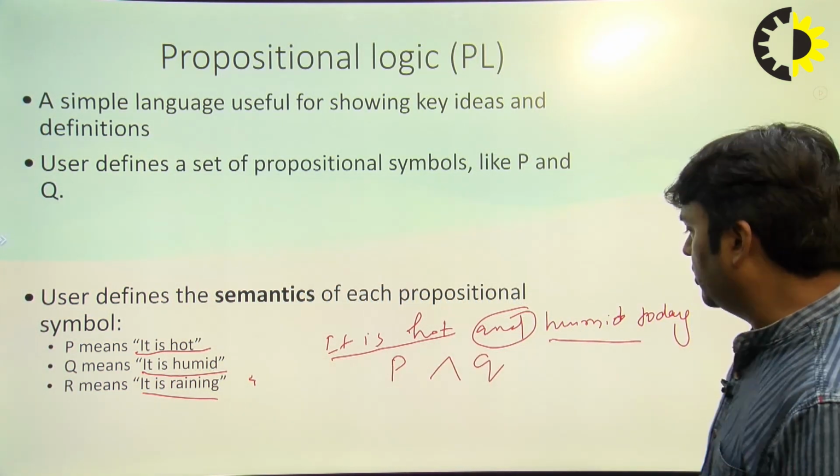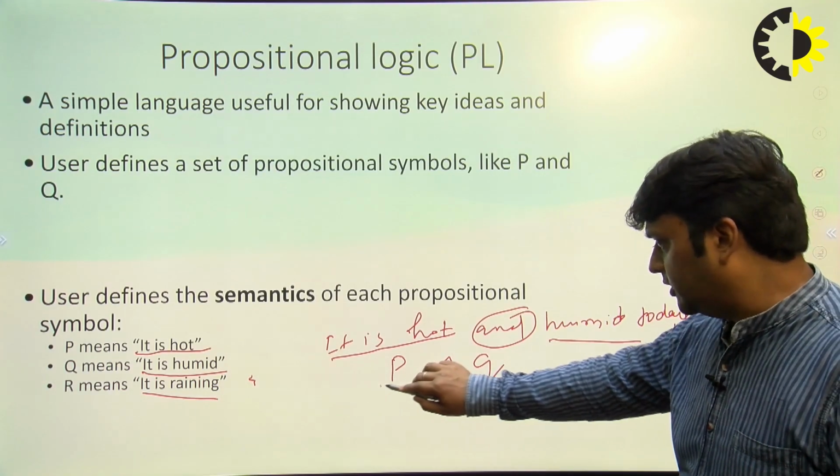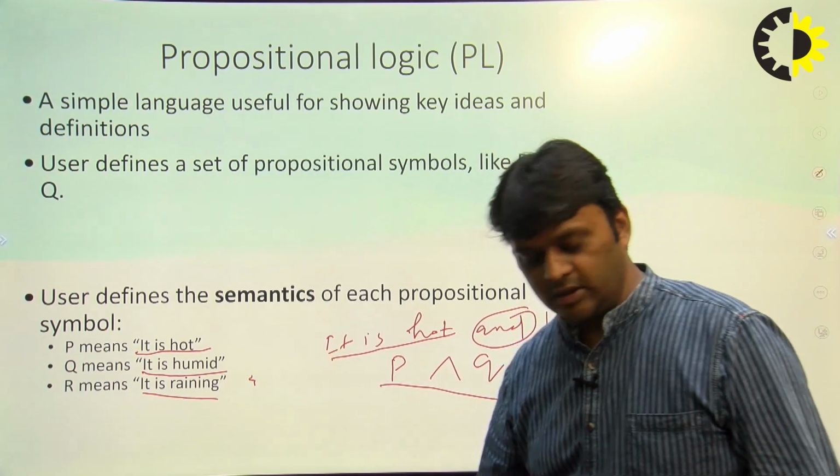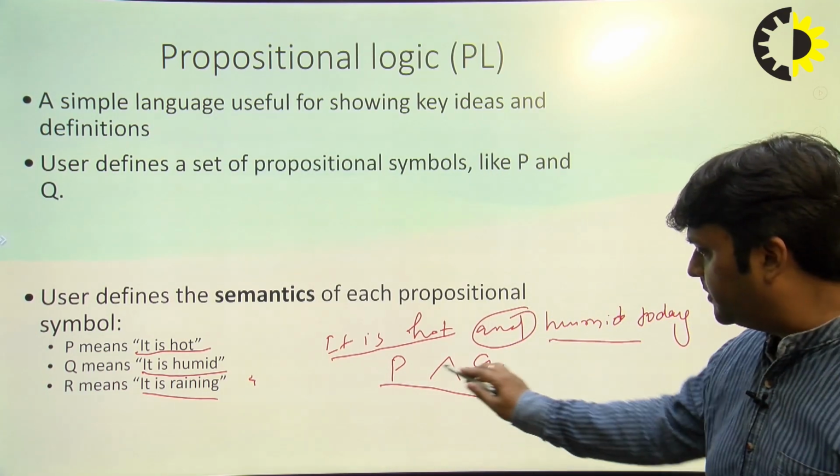So "it is hot and humid today" with the logical connectives, we write as P and Q.